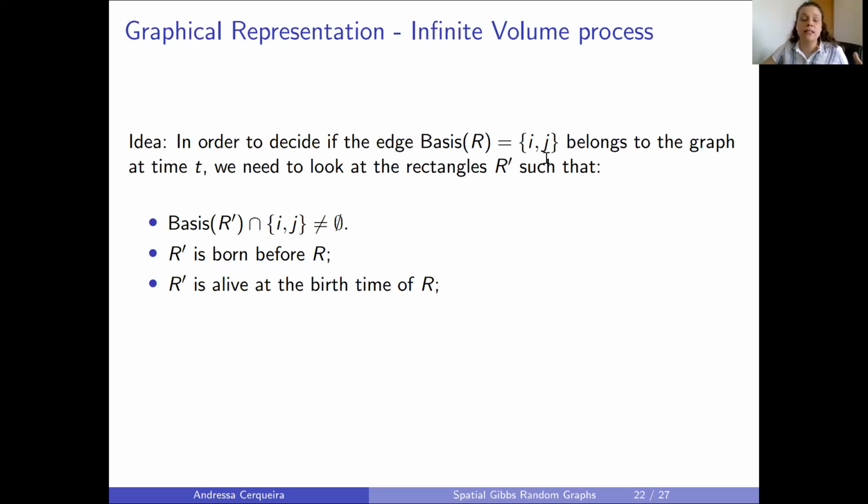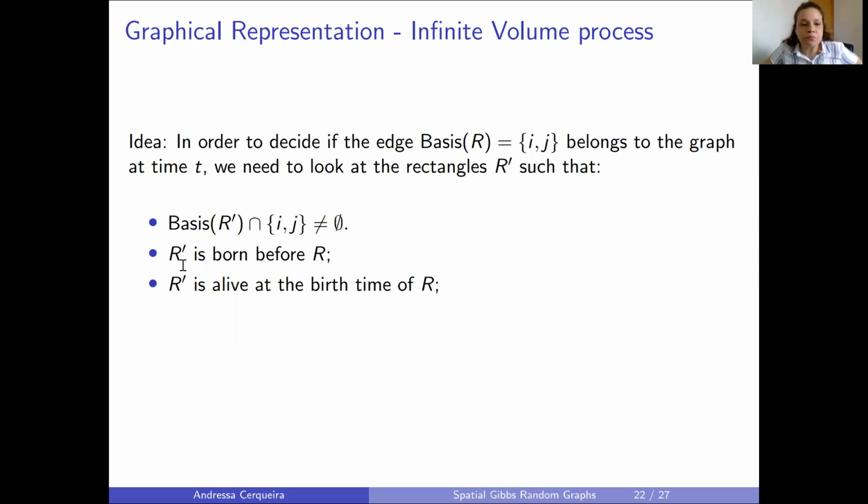So as I said, when I have an edge I and J, what do I need to look at? First, I need to look at all the rectangles such that I have intersection in the base, such that I belongs to the base of this rectangle and J belongs to the base of this rectangle. This is because of my assumption that the difference of the f functions only depends on edges that are connected to I and J. This is why that assumption is important.